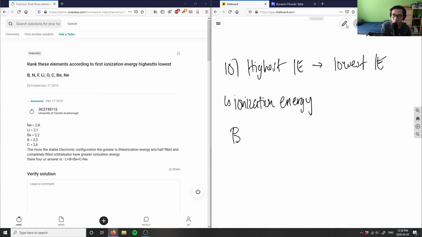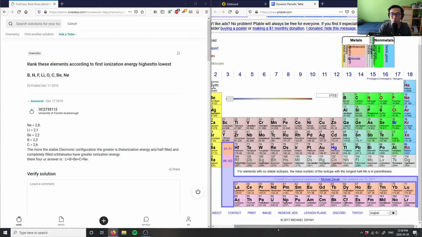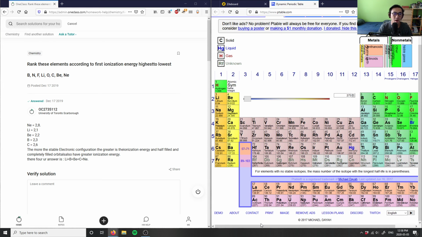Boron plus some ionization energy gives me boron plus and 1 e minus. I'm basically removing an electron, but I'm putting energy into the element to remove it.